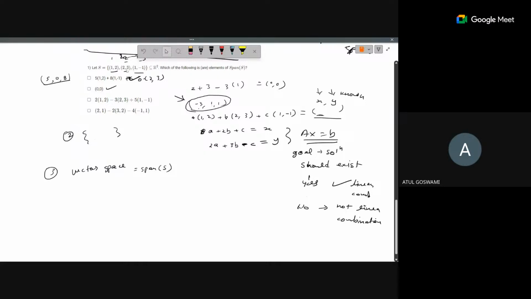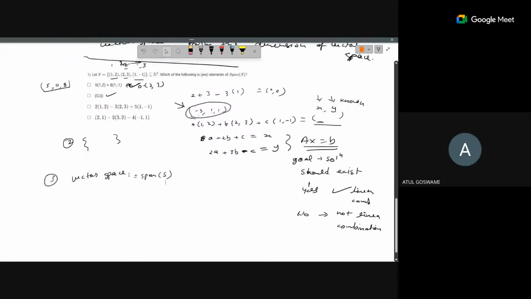That's why I say this is not a basis. It can be a dependent set, but still the spanning set of this dependent set is also a vector space, right? Yes. So we can take these vectors and find the vector space.